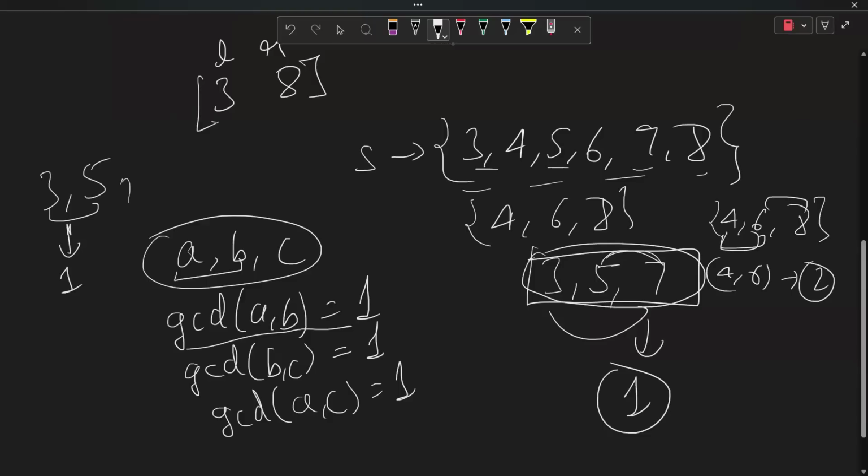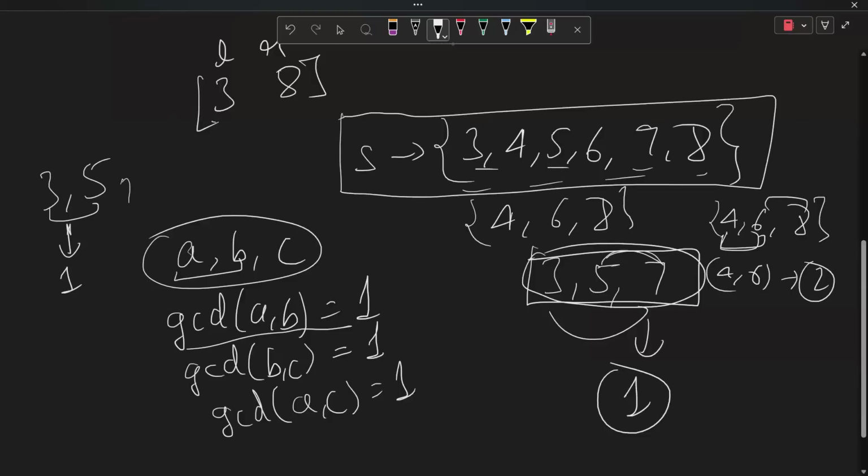But you need to perform the operations in such a way that you can perform the maximum number of operations. Basically, you need to find the maximum number of operations you can perform in the set. So you need to select those 3 integers so that you form the maximum number of groups of 3 integers satisfying this condition.